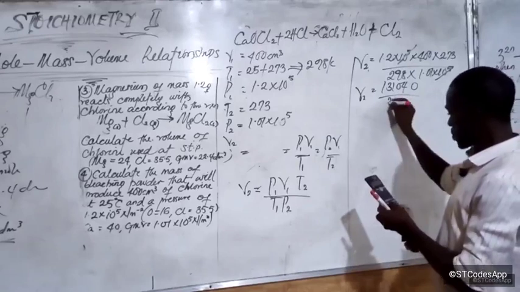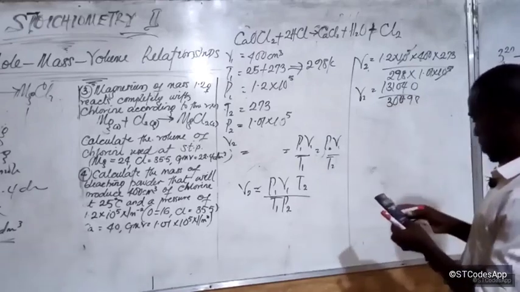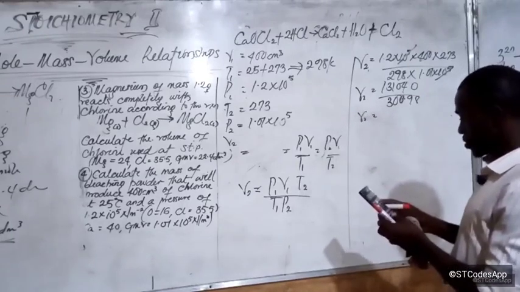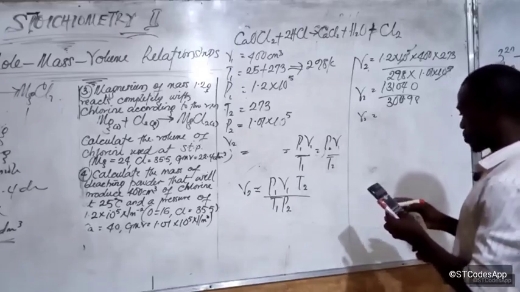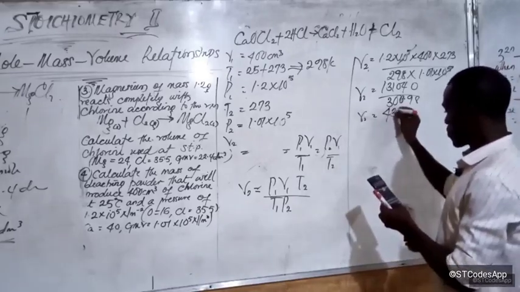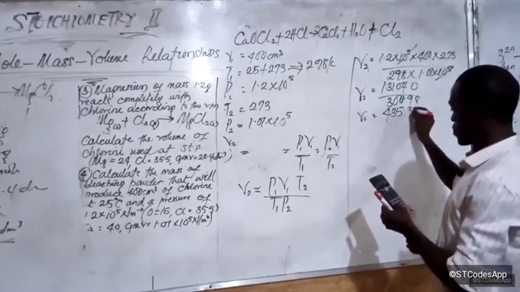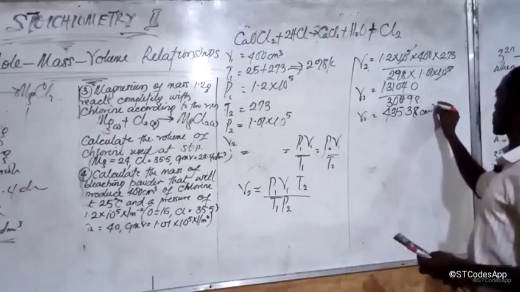This will give you 300.98. All right, so let's divide that. V2 will be equal to 131040 divided by 300.98. So we have 435.38 centimeters cubed.